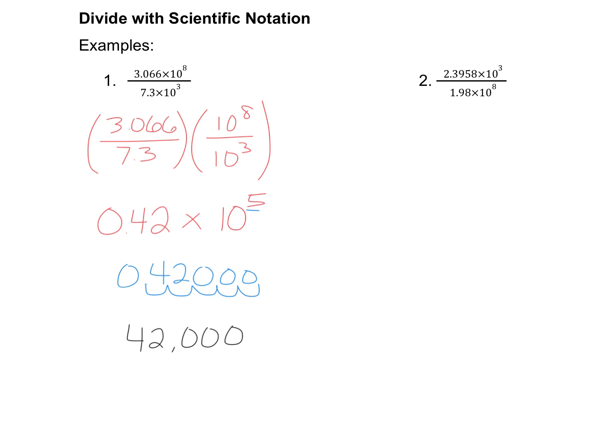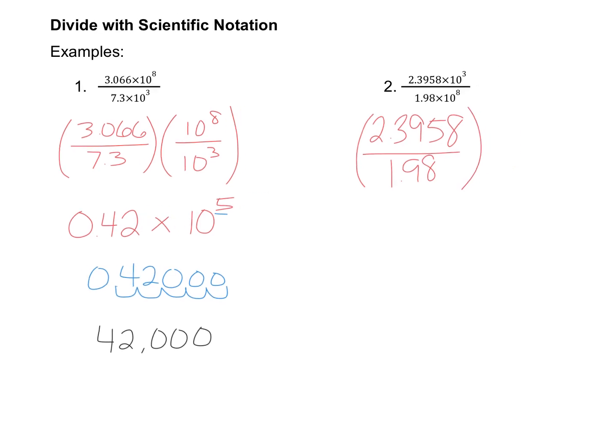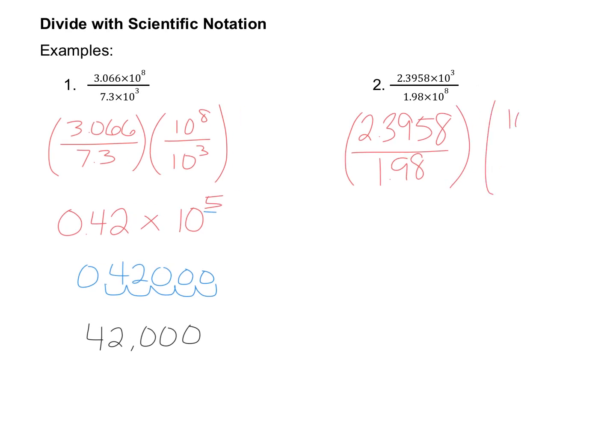When dividing with scientific notation, what do we split up? What goes together? Yep. The numbers, and then our base 10. What did you get when you divided the numbers? 2.1. Yeah. Okay. Times 10, what's our new exponent? -5.